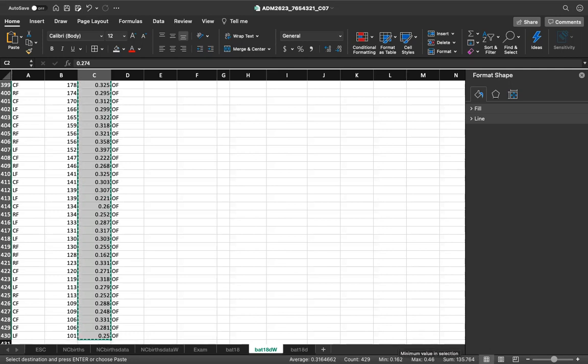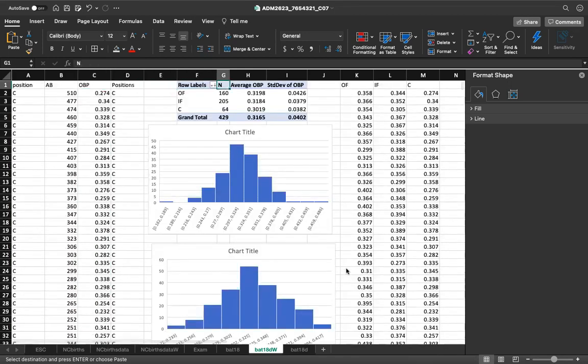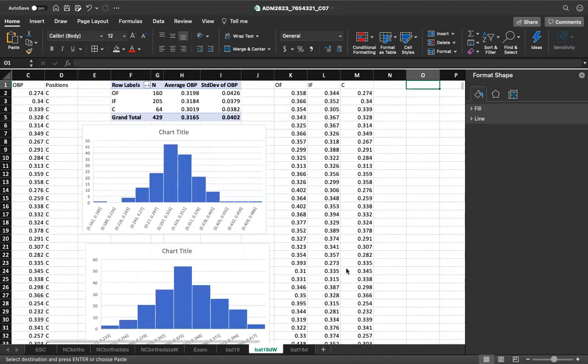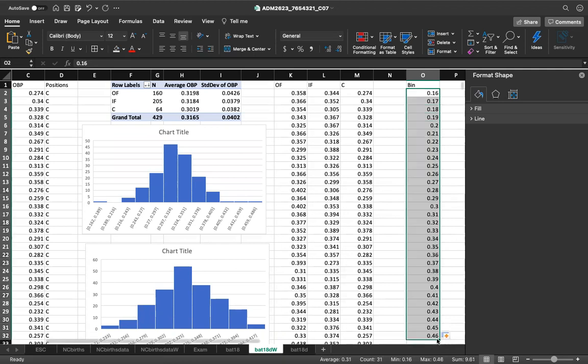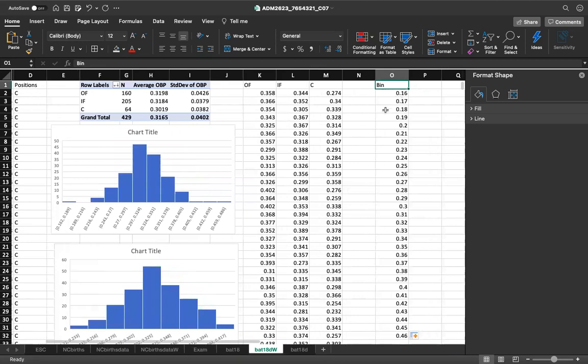So maybe we can create 31 bins from 0.16 to 0.46, and use more robust bins to create the histograms. 0.16, 0.17, and we would go up to 0.46. That's the highest value. All right. And then we can use the data analysis tool pack to calculate the bins and the corresponding histograms for each of them.